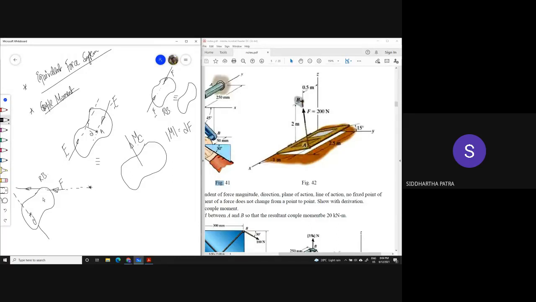Now, why is it important to find out this net effect? This net effect due to a couple of forces is, in a way, us trying to get an equivalent force system. It is like the first class on equivalent force systems.